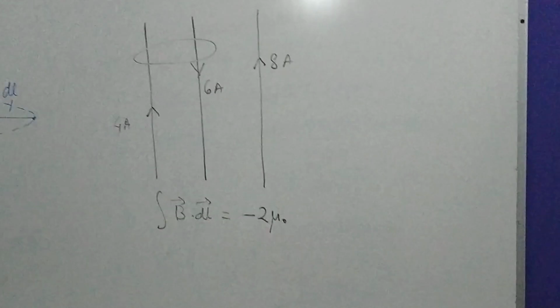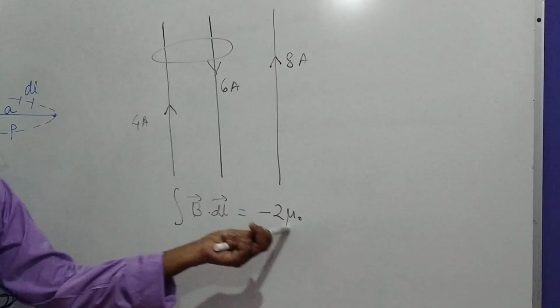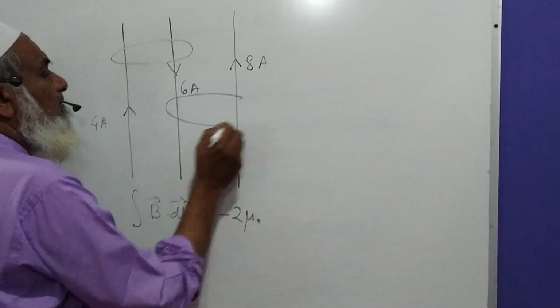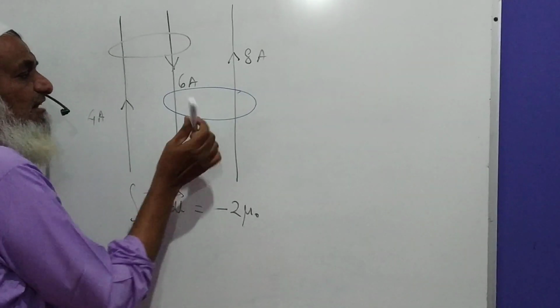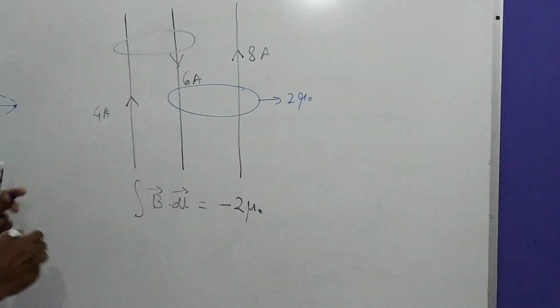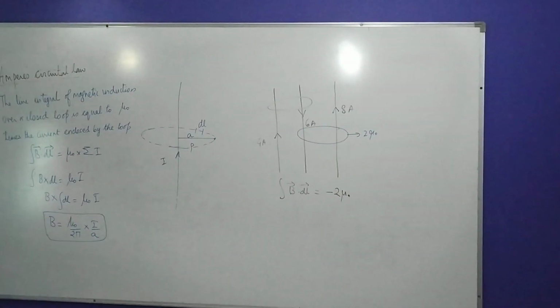The question is to find this value, so my answer is minus 2 mu naught. Now if he would have asked me for this loop, then this is minus 6 and this is plus 8, so my answer would have been 2 mu naught. So that is one question which he can ask regarding Ampere's circuital law.